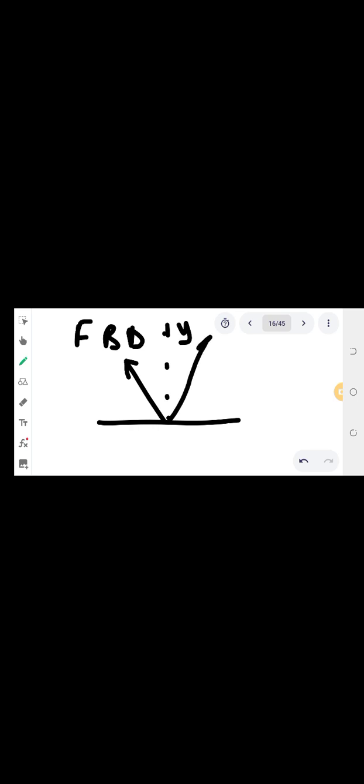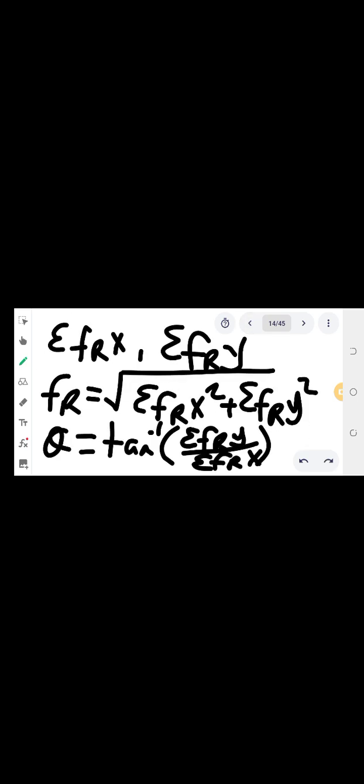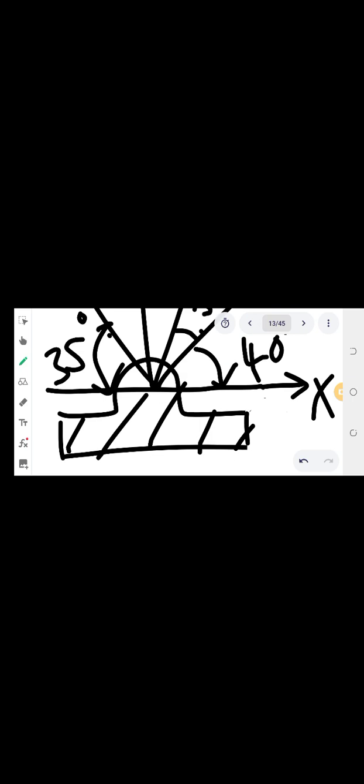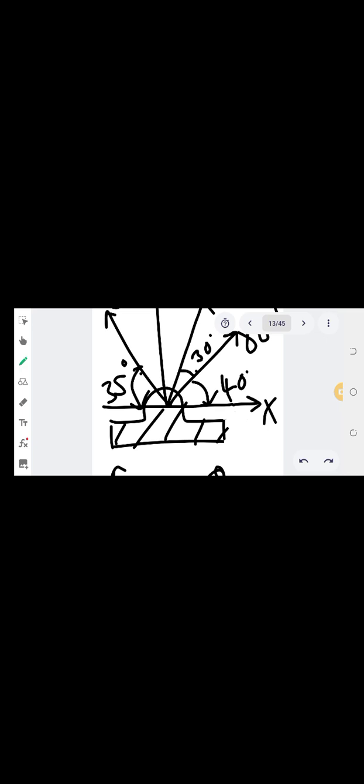Then I've got this as well. At the same time, I've got this. This is the x. So using this, we do have, so this is 13.